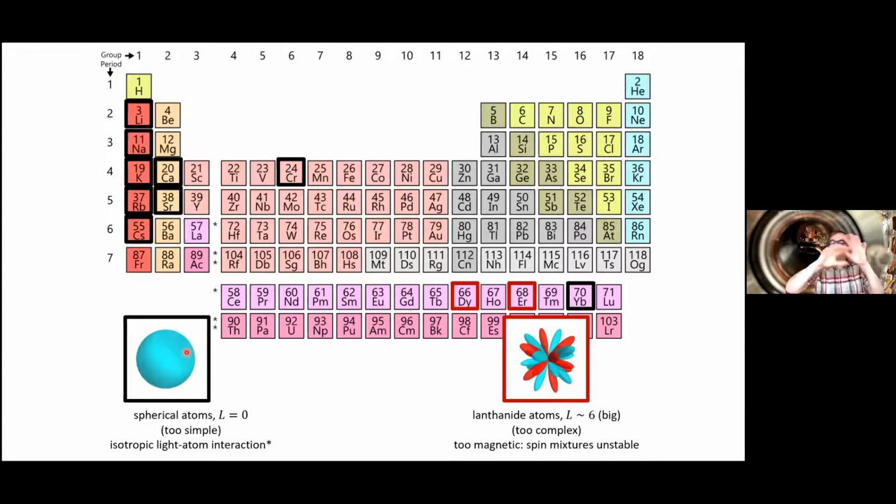And if those electrons lie in a perfectly spherical distribution, then it doesn't matter what the polarization direction of the light is. The strength of interaction is going to be the same. And that means that you're lacking a real handle on how to put optical forces on atoms in a way that depends on their internal state. In this case, their orbital angular momentum state.